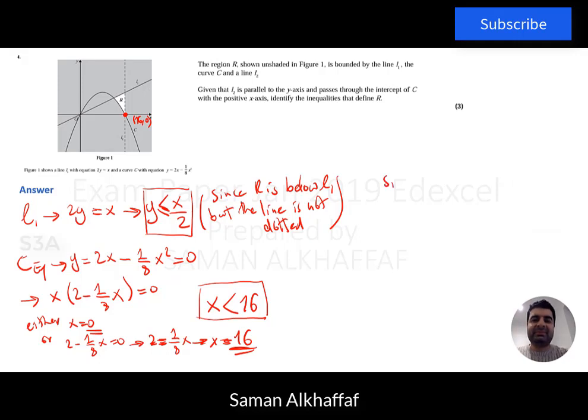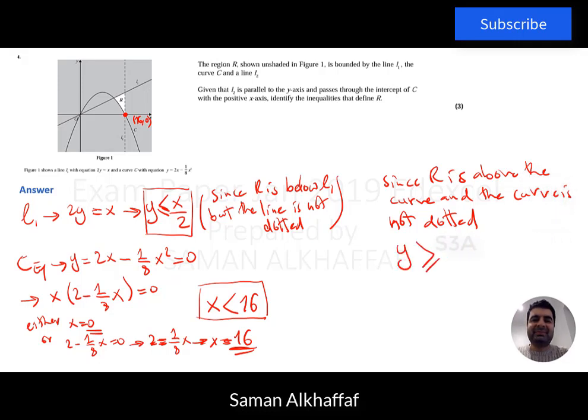Since R is above the curve and the curve is not dotted, as we can see, and we only have L1 to be dotted, this is why it's x over 2 for the first inequality, and the second one is x being smaller than 1/16. So the last inequality will be y being bigger than or equal to 2x minus 1 over 8x squared.